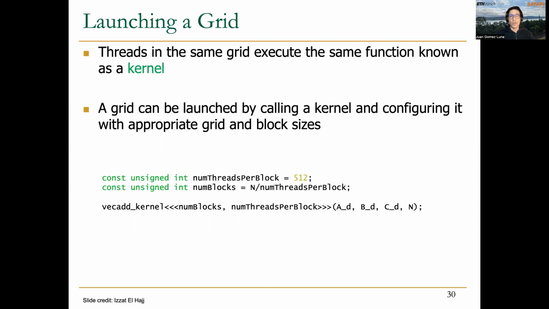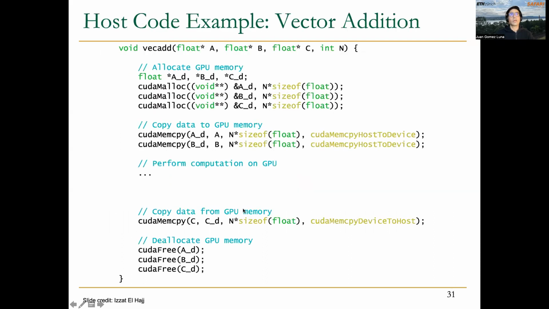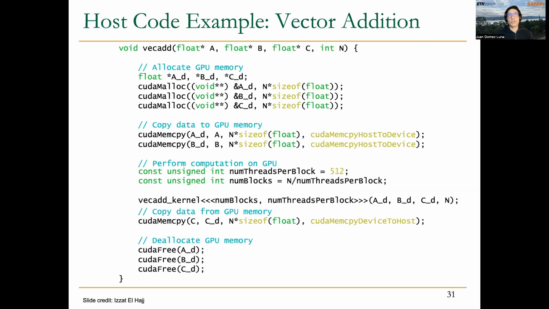And then we can call the kernel using this line here. So this is what we were missing in our host code example for the vector addition: defining the execution configuration and then launching the kernel with the execution configuration here and the arguments here in parentheses.